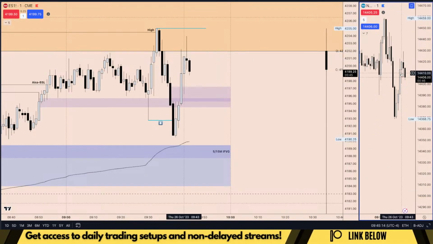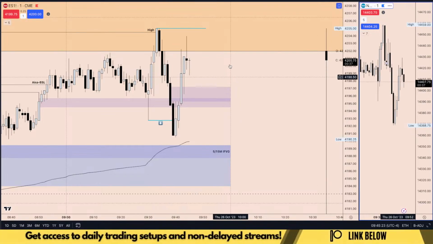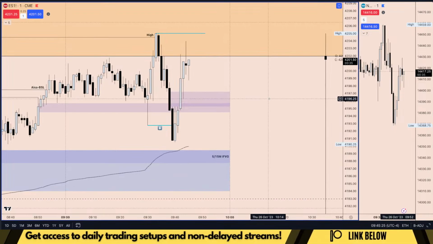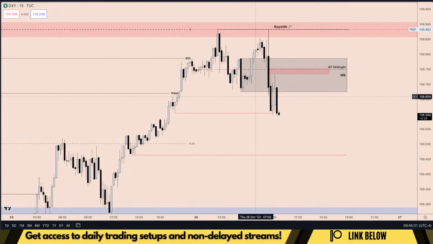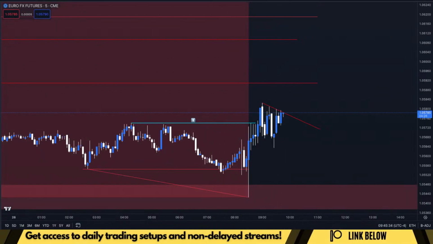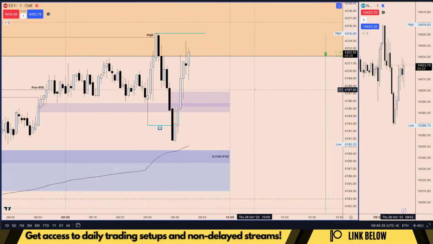Watch the 1-minute NQ. NQ didn't really get up this high, has the same 1-minute bearish fair value gap. Maybe we even get some SMT divergence, with ES being the stronger one today. The DXY continues lower, and you might want to break this trend line now.